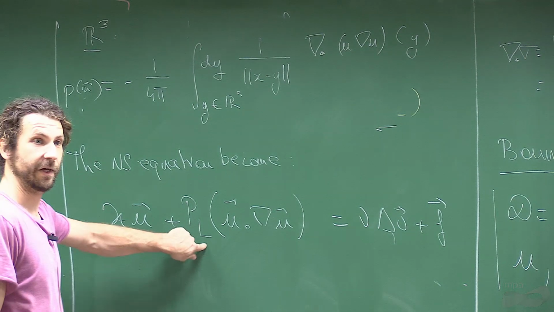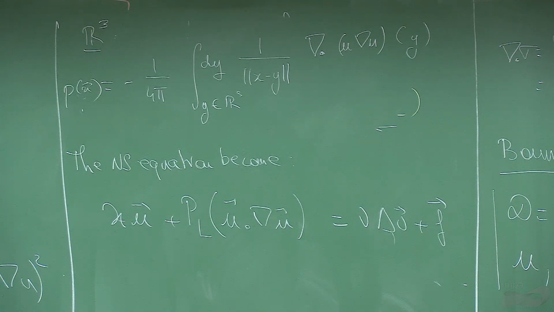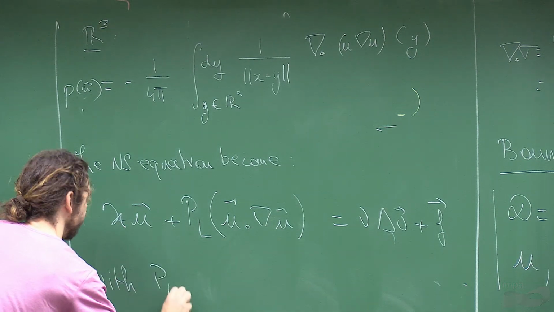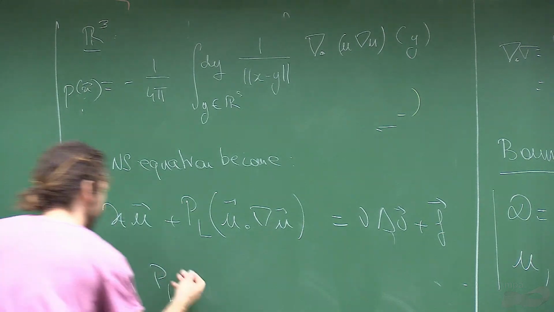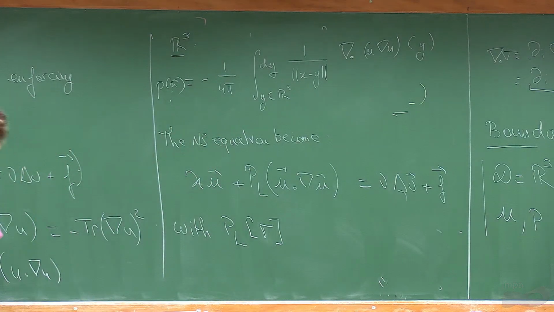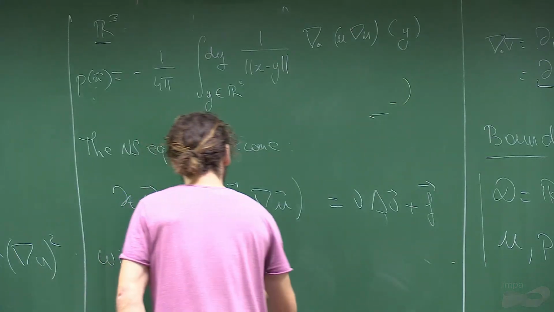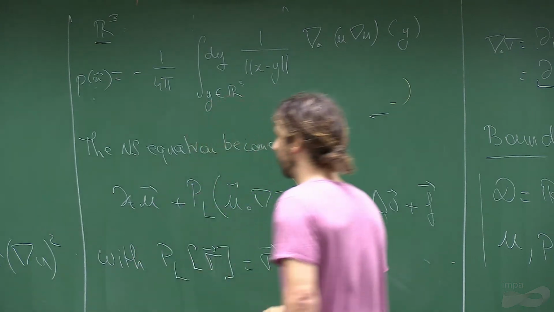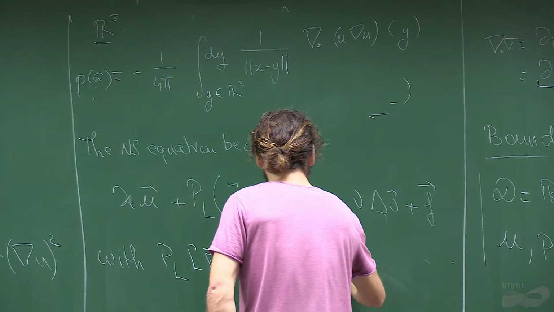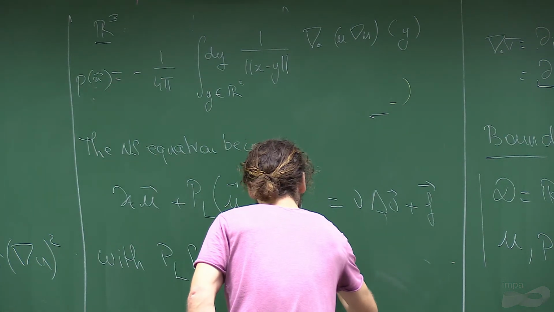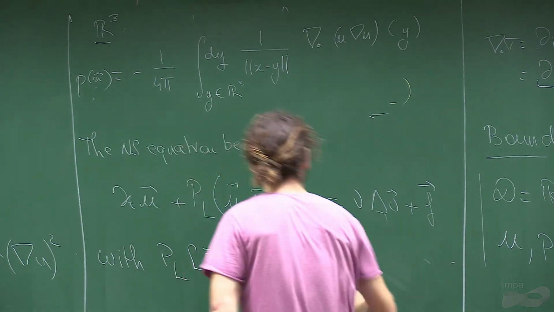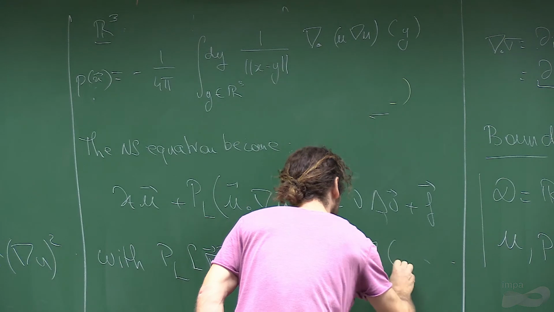And this guy here, we can give it an explicit expression. So P_L, say, applied to a field which we call sigma, is sigma minus, so we need to take a grad here, grad times Laplacian minus 1 times div of sigma.